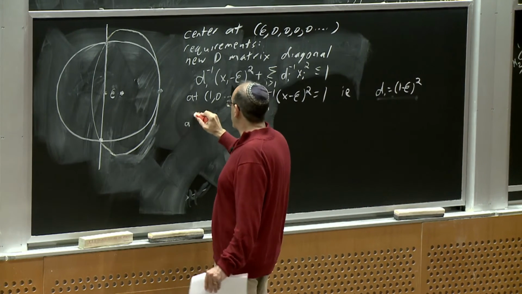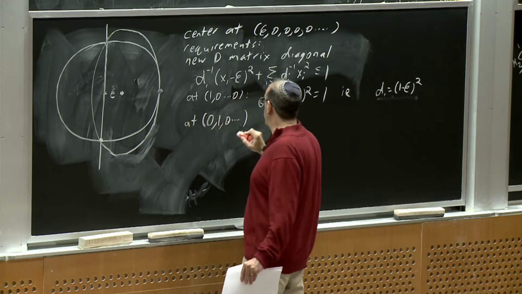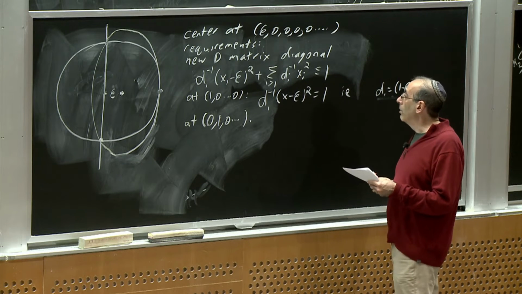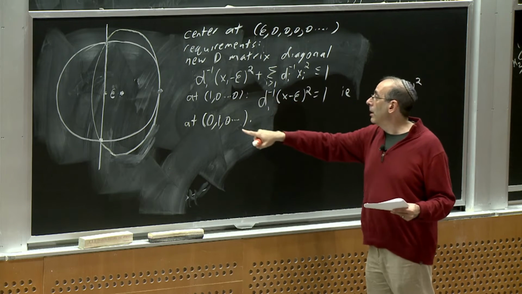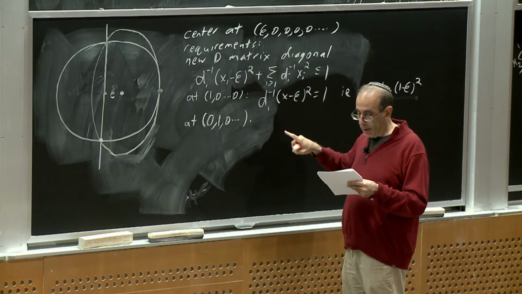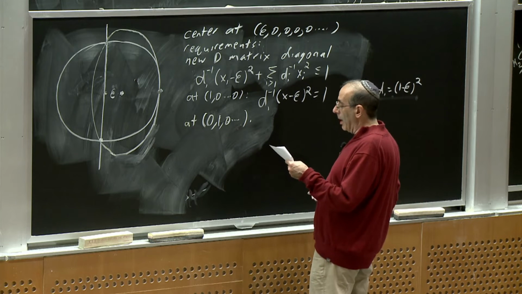Now let's look at the constraint at 0, 1, 0, and so forth. What is the constraint here?